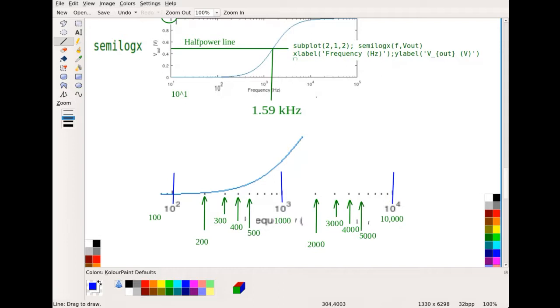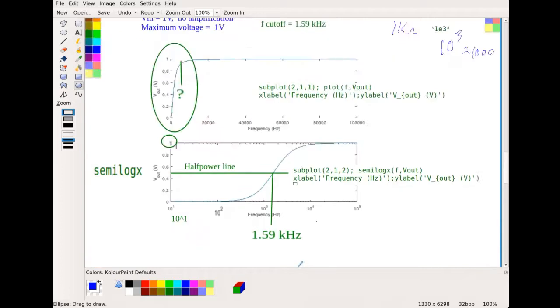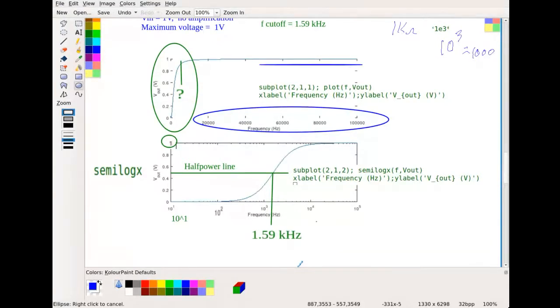And so when we space it out in log format, this is what it looks like. But this allows us to focus on plots when we have such a large range. Because if we don't do that, we end up having all these big high frequencies, this big range of frequencies from 20,000 to 80,000, where basically nothing is happening.